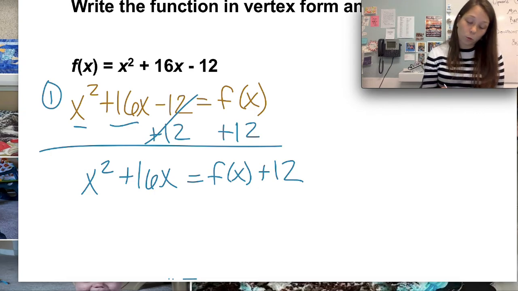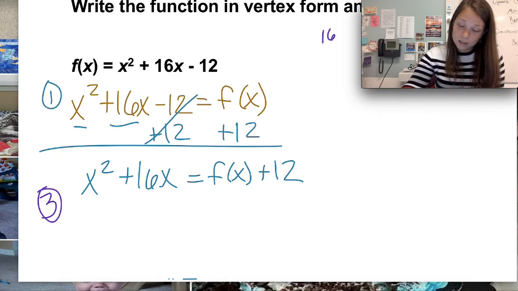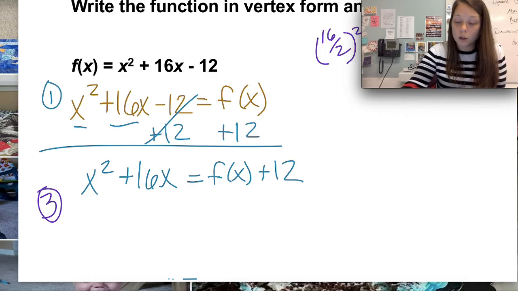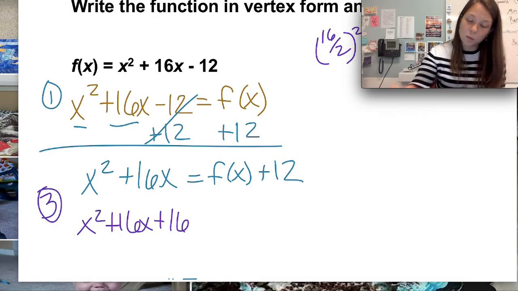To do step 3, I need to take my value of b, which is 16, divide by 2 and square it. Well, that's 4 squared, which is 16. So I'm going to add 16 to both sides. Oh wait, no, 16 divided by 2 is 8, and 8 squared is 64.